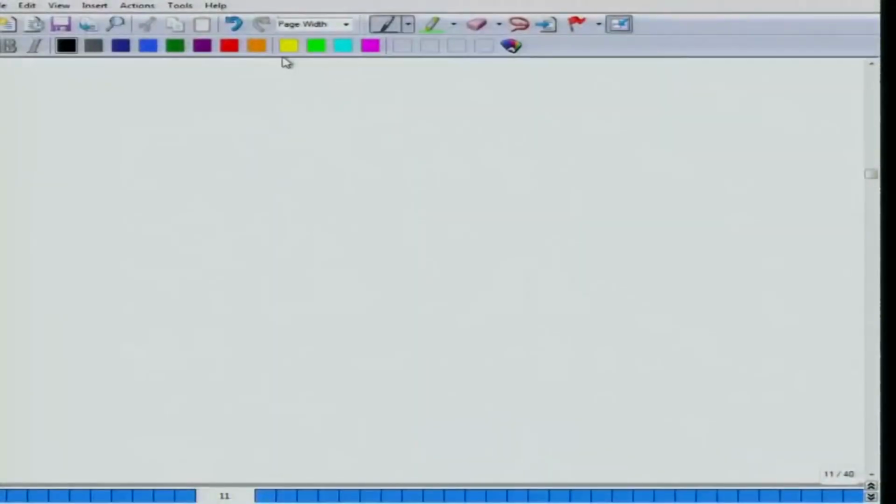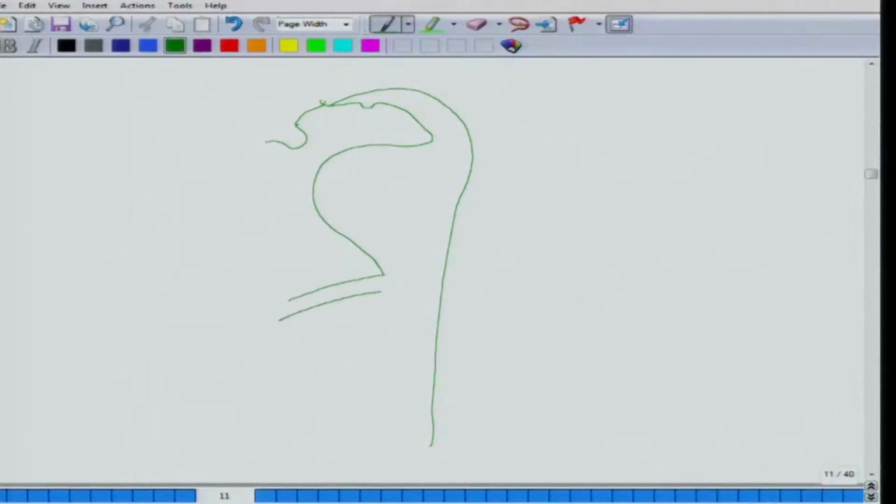This is what it essentially looks like. This is the brain stem we are talking about, and this is the pituitary. The chemoreceptors are coming in, and these are the stretch receptors coming in.